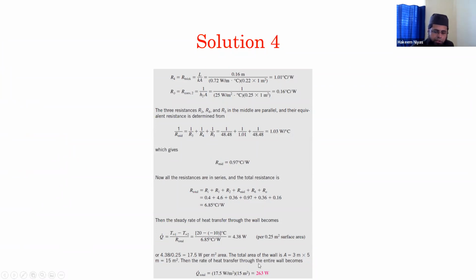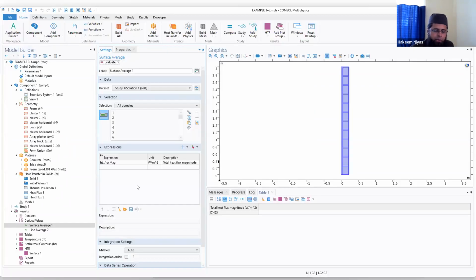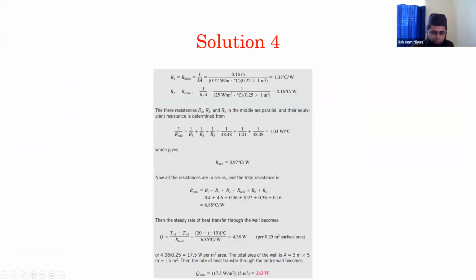And in the same way, 263 is the total heat flux. We can easily get it by multiplying with 15. So by the way, this problem also we have done. Here one confusing thing is there. Sir, I have one question. In COMSOL, how to calculate that total heat rate, 263 watts?